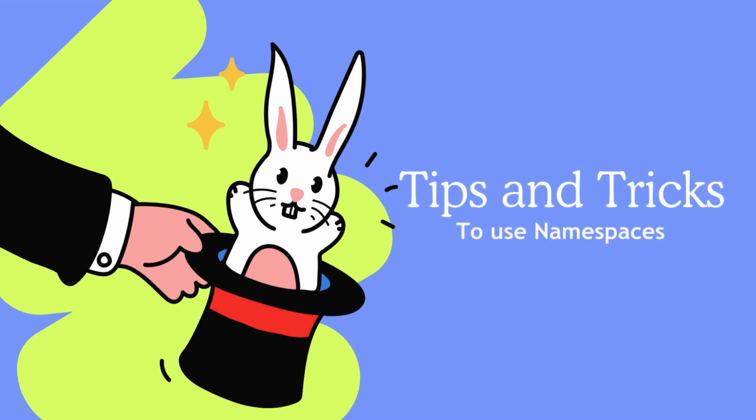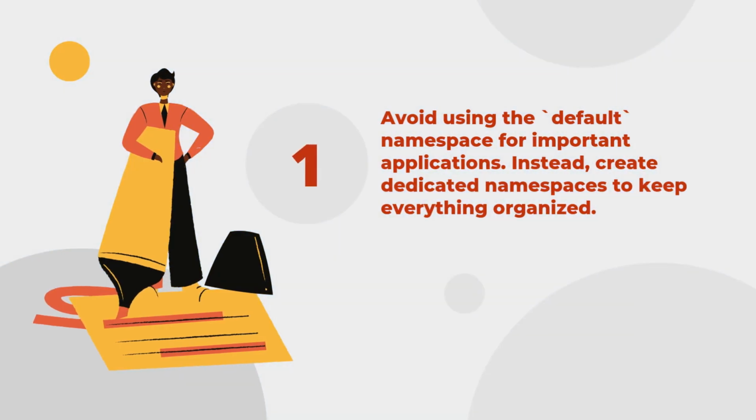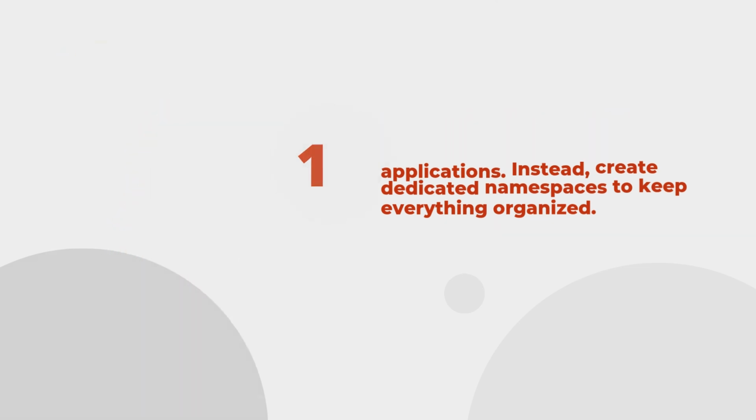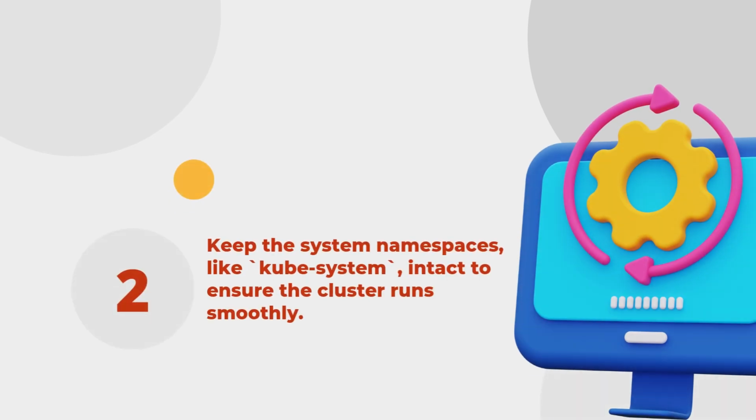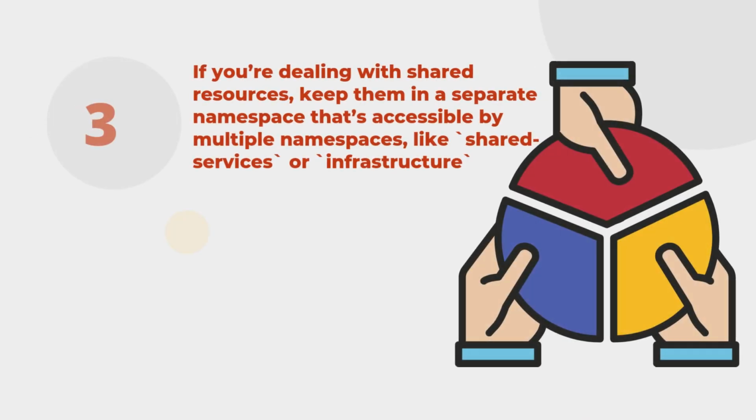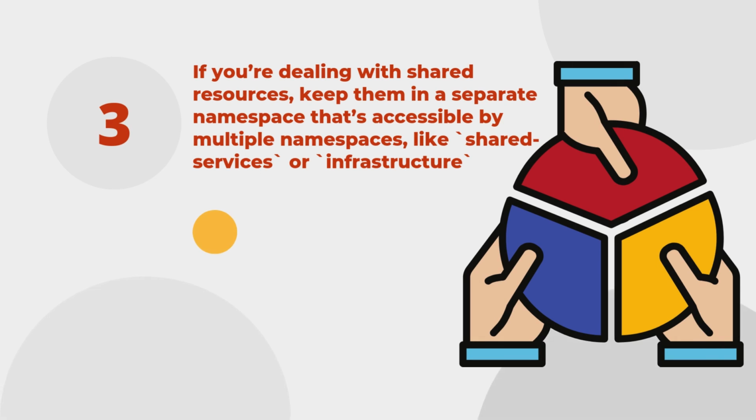There are a few tricks and tips for working with namespaces. Avoid using the default namespace for important applications. Instead, create dedicated namespaces to keep everything organized. Keep system namespaces like kube-system intact to ensure the cluster runs smoothly. So I'd suggest don't touch the kube-system namespace. If you're dealing with shared resources, keep them in a separate namespace that's accessible by multiple namespaces, like shared services or infrastructure.